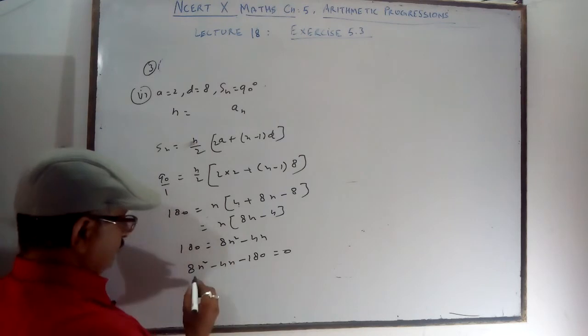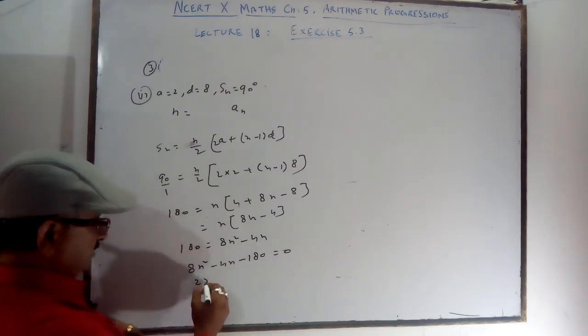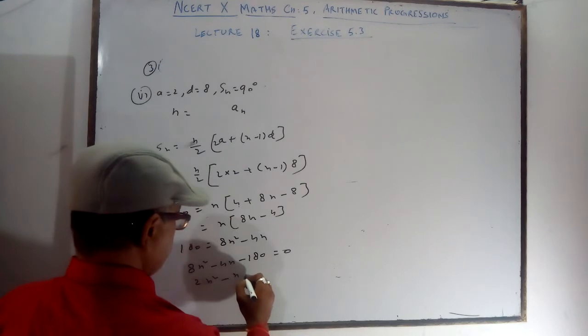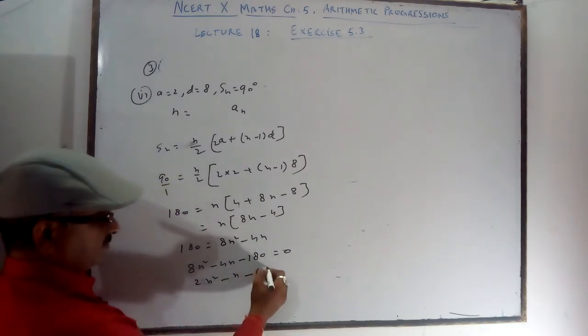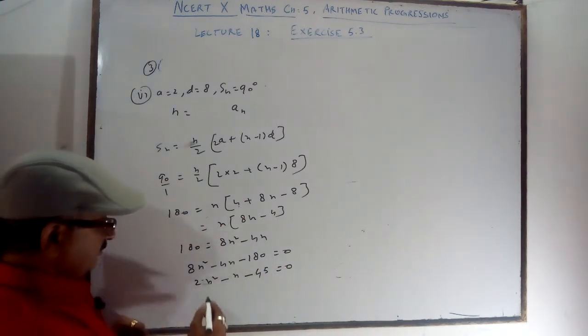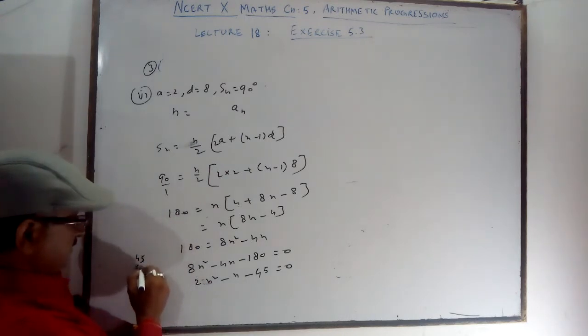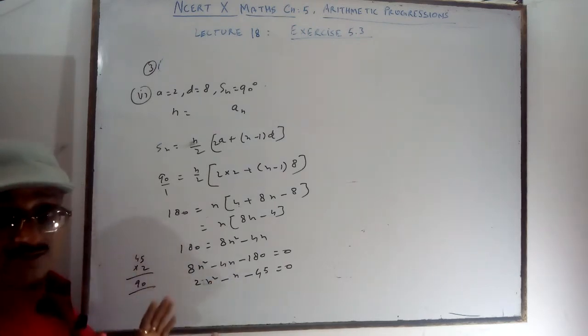By 4 you can divide it. 4 to the 8, 2n square, by 4 you divide, minus n. 4 4 is 16, 4 5 is 20, 45 9 is 45 to the 90. Middle term factor, quadratic equation you are getting.